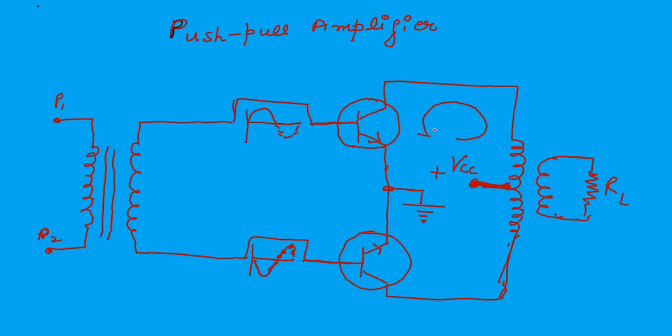Now the current flows anti-clockwise, IC1, through transistor T1 and clockwise through transistor T2. This is the positive part of the signal when it arrives here, and the negative part of the signal arrives at the lower transistor.